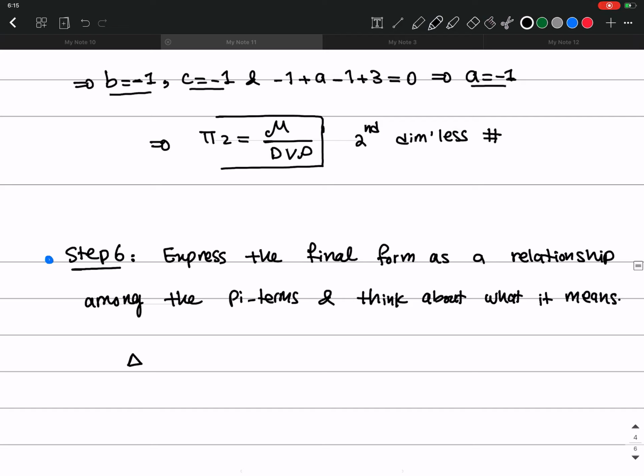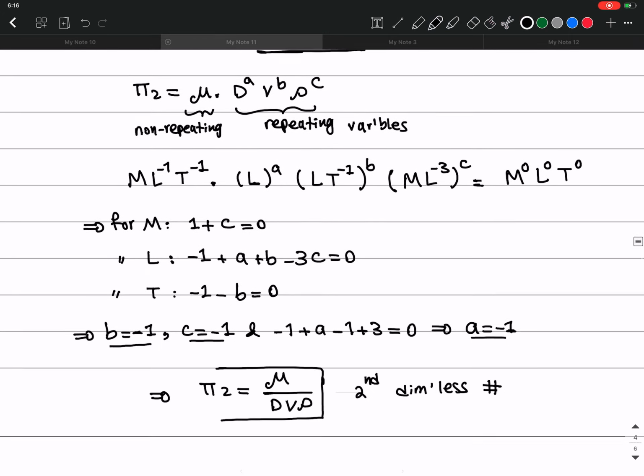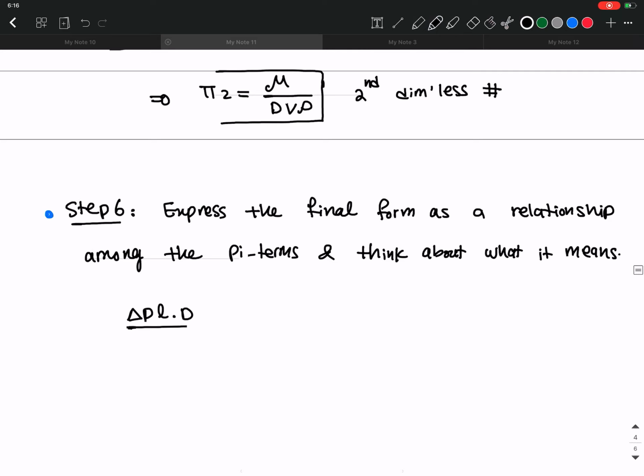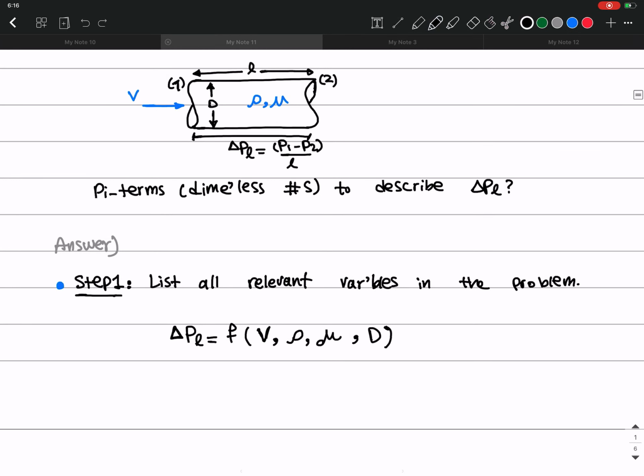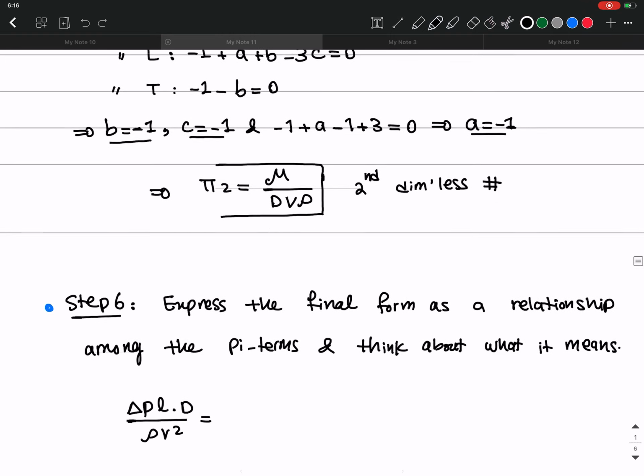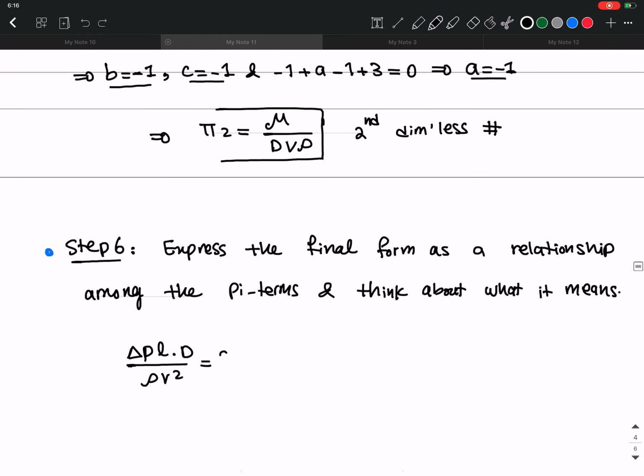So this delta p L times d over rho v square, and then you want to define a function of the second dimensionless number. So this is going to equal, so here we had a general function f, and now we have a function, we call it phi, of the second dimensionless number, and it could be more dimensionless numbers here, right?